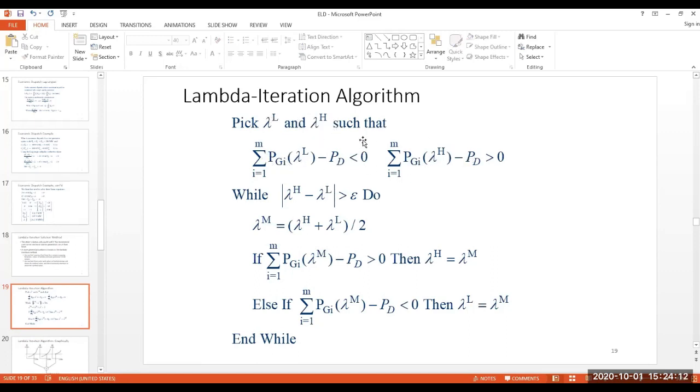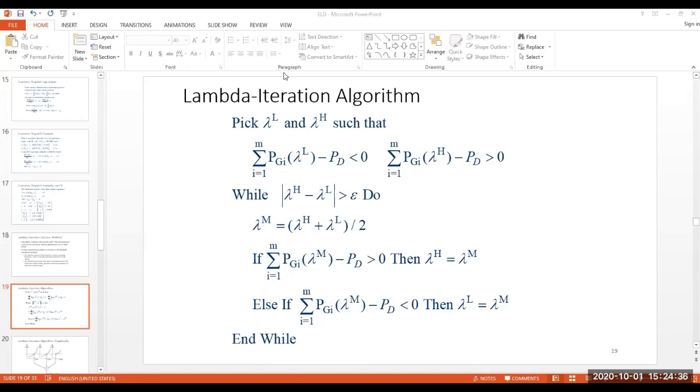As I said, we are going to minimize some error function. What is the error here? My target is to satisfy this demand with the help of my available generations. So I'm going to define my error function as this one.